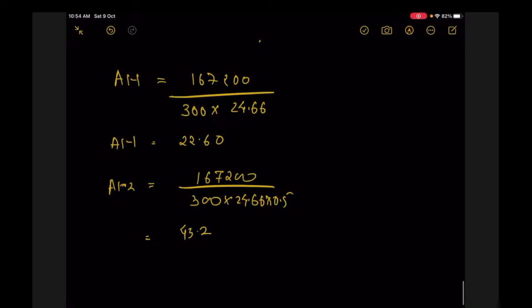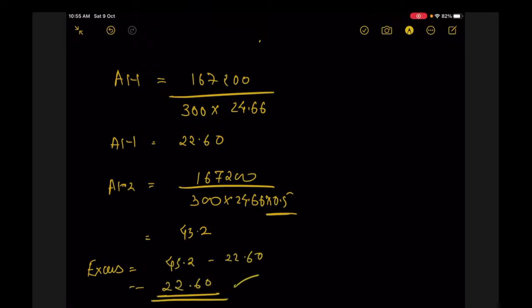So excess area will be, as you can see from here also, it is directly 50%. Okay, so obviously the answer will come 50%. Right? Means double. So area will be 22.60. Double area will be required because it is 50% directly.